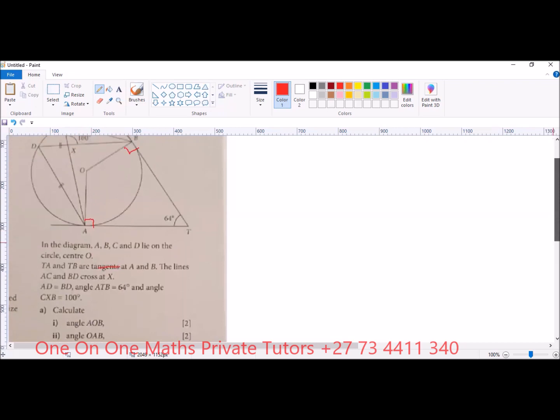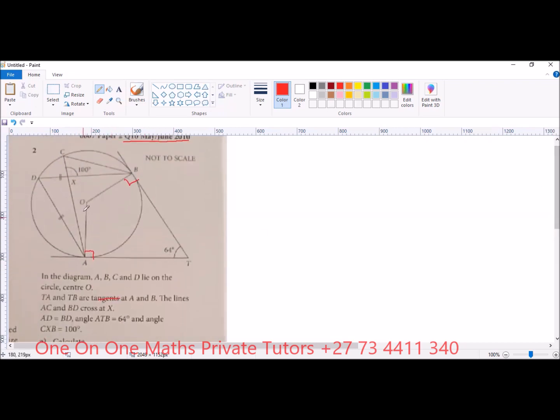Which angle is AOB? AOB is this one. Now we can see this shape, this quadrilateral with these sides.